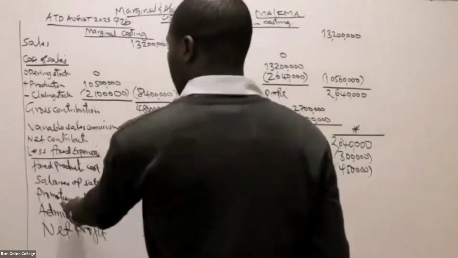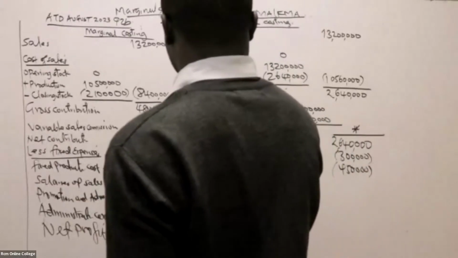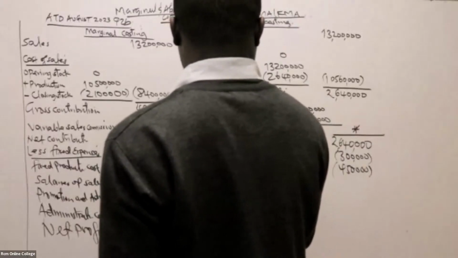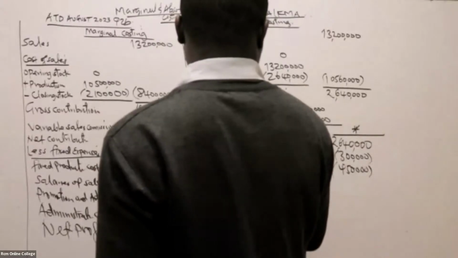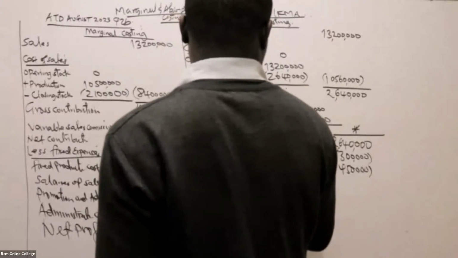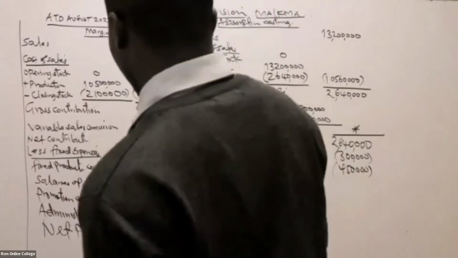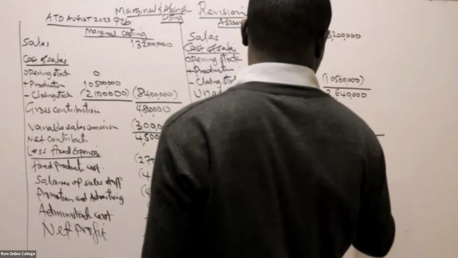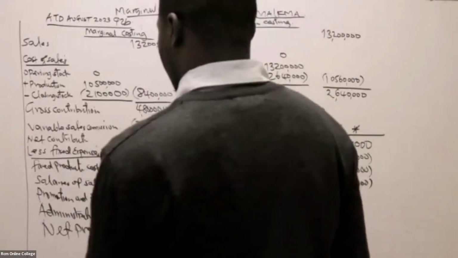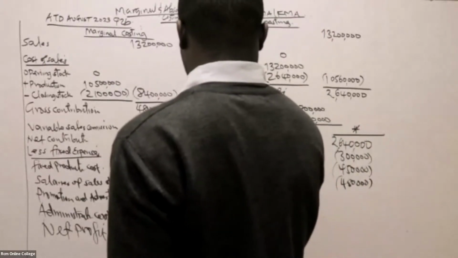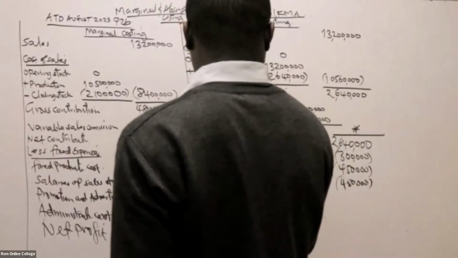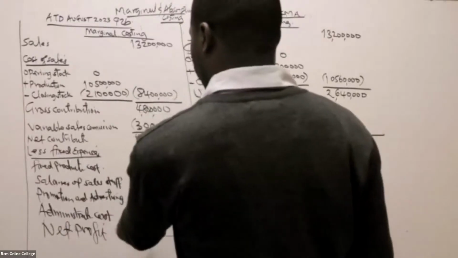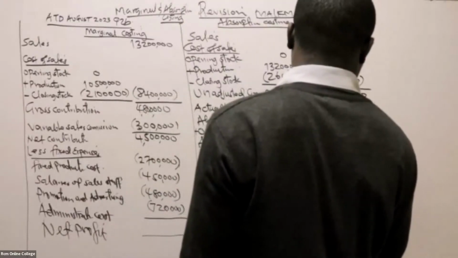Then we go to promotion and advertising for 80,000. Then we go to administrative costs, of how much? 720,000.